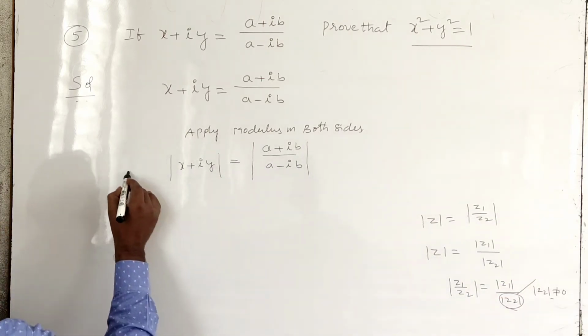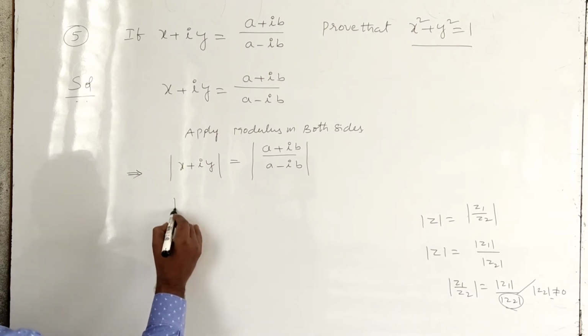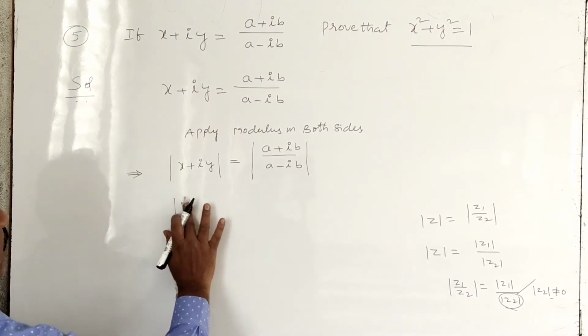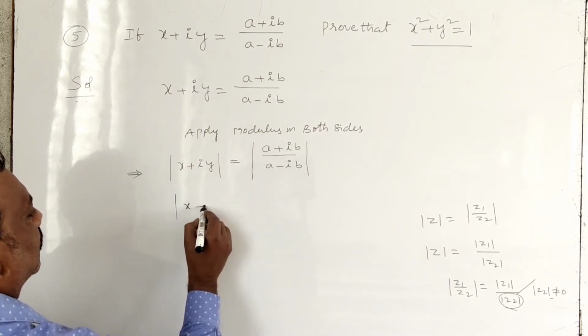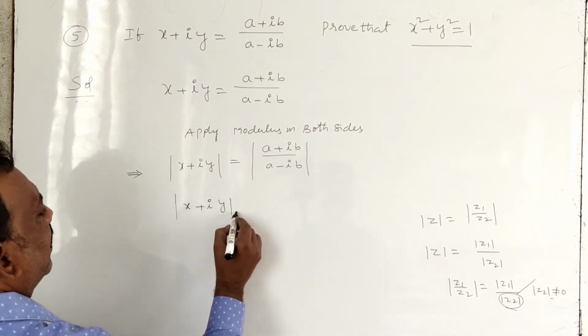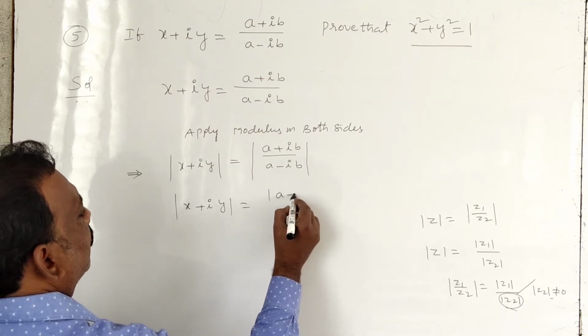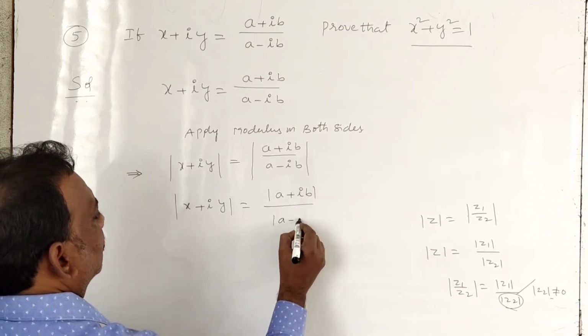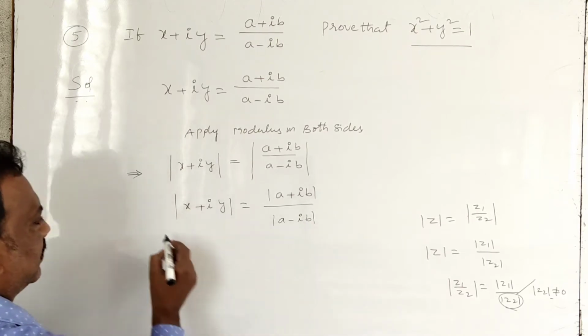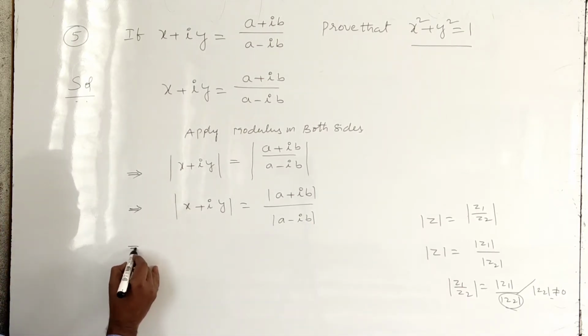So now by that formula I can write this as mod of x plus iy. Here no change. On the right side, I can write modulus in the numerator as well as the denominator. Correct, students? Now, what is the modulus of a complex number?